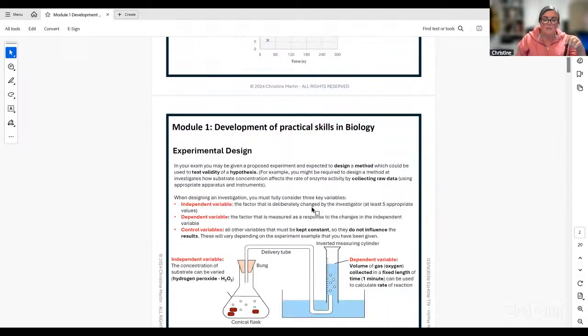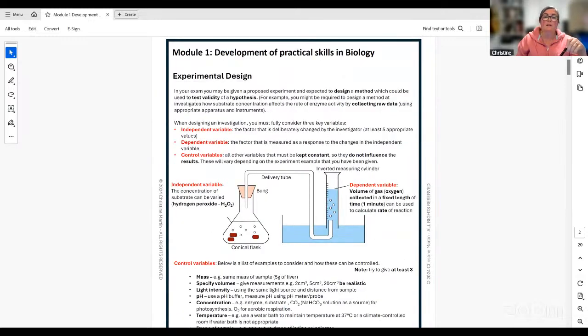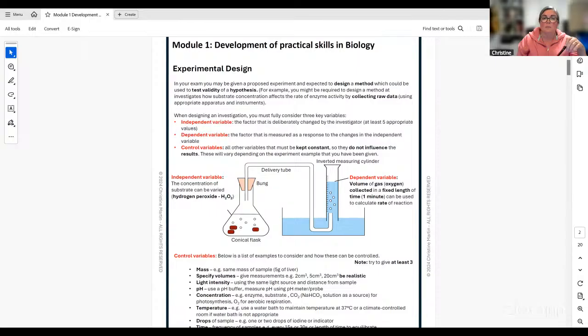The first thing I would say to you is experimental design. You need to know what your independent variable is, what your dependent variable is, and what control variables there are.